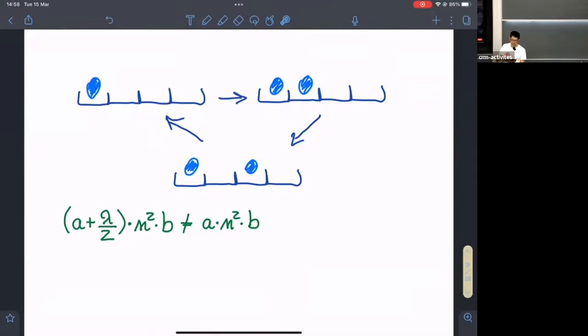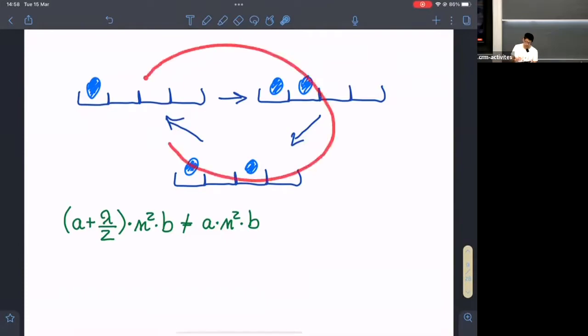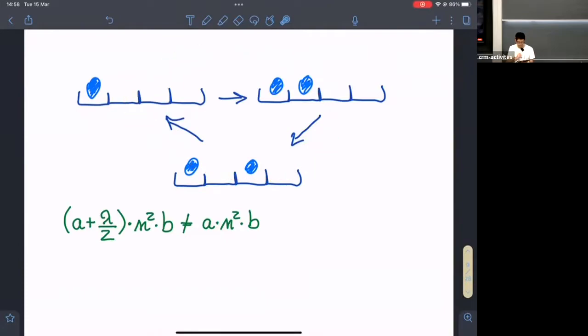So going in that direction gives you alpha plus lambda over 2 times n squared times b, and going in the other direction gives you alpha times n squared times b. So this loop is a non-reversible loop. Therefore, the invariant measure of the system is non-reversible. So you see, checking that an irreducible Markov chain does not have a reversible invariant measure is not so complicated, because you just need to find one non-reversible loop.